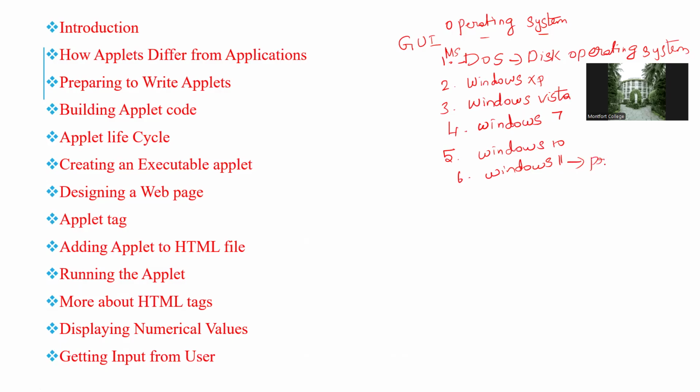This is the present generation. Now see the evolution of operating systems from top to bottom. These are the things we have crossed. When we were dealing with MS-DOS, this is under GUI, graphic user interface.